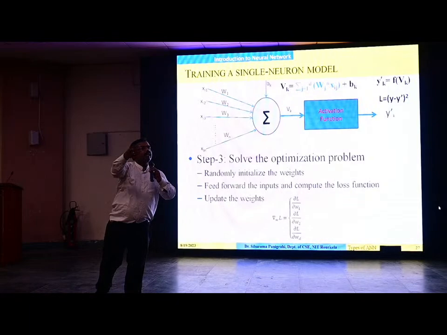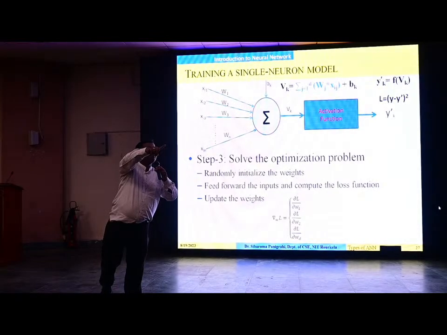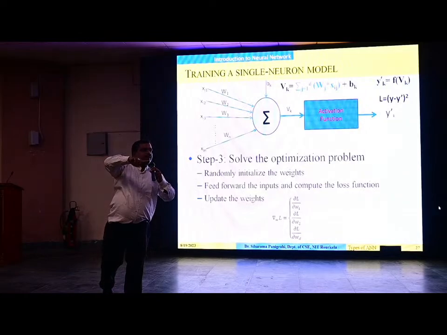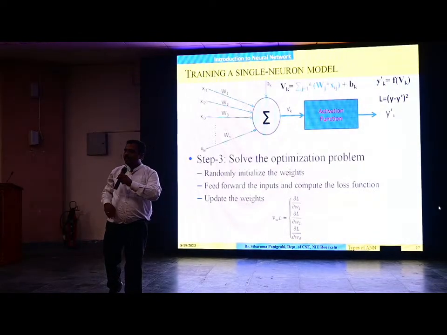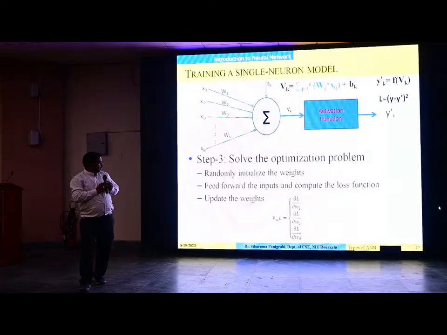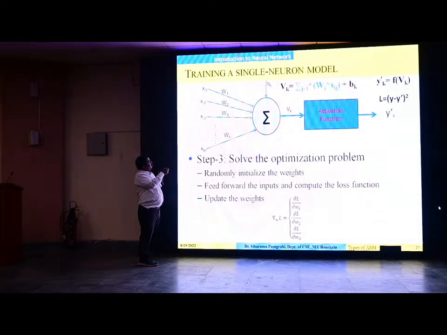So how will you guarantee that it will not increase? You will compute the derivative of the weights. Yes or no? Because the derivative will give you the direction in which you will update the weights. So now you see, we will update the weights. Which weights will we update?